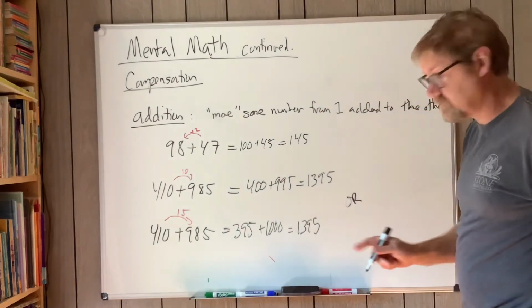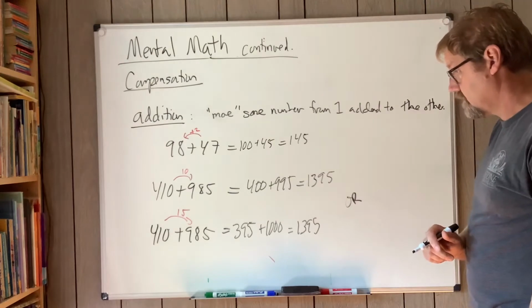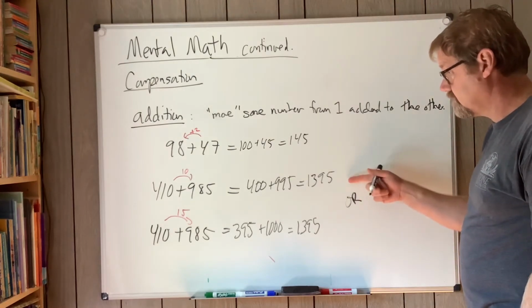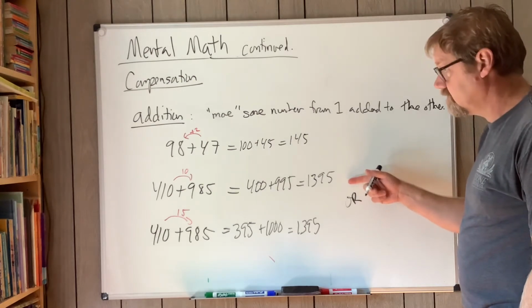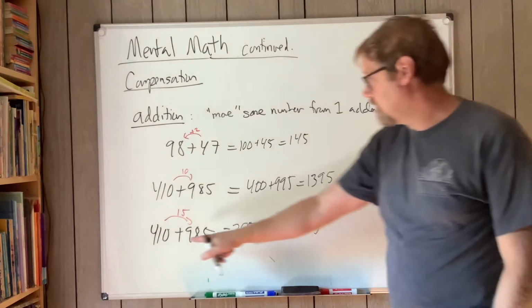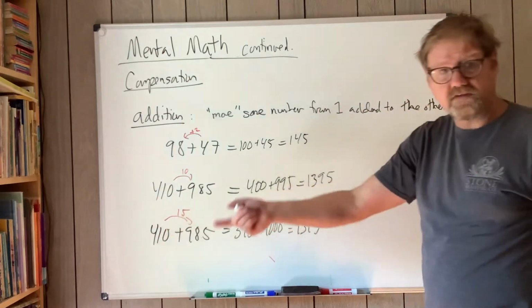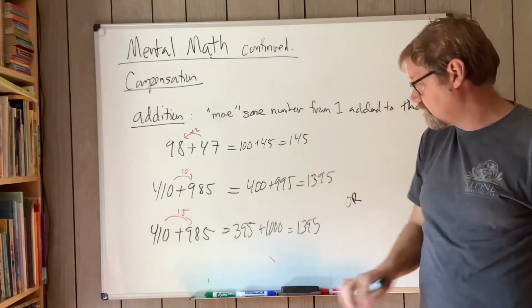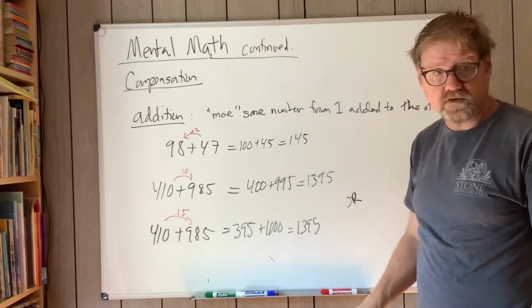Again, the same answer. I think either is fine. I probably would go this way. I think it's a little bit easier, because taking away 15 from that goes down into the 300s, so that may be a little tricky.